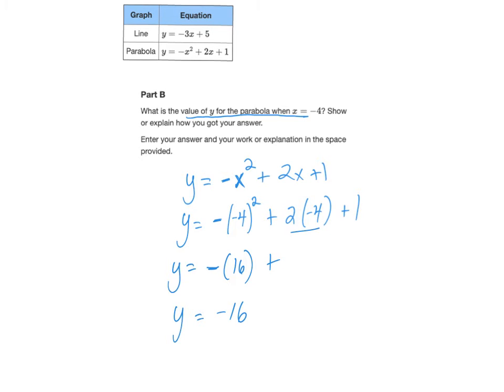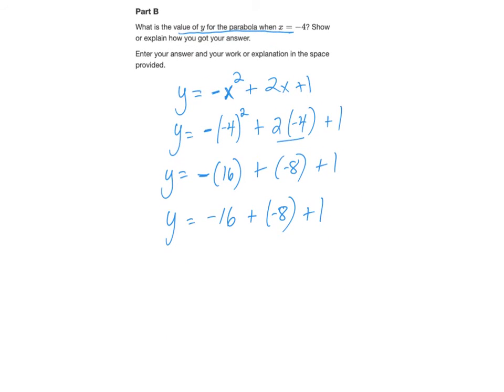Then I can multiply. So after exponents, we're going to multiply. 2 times negative 4 gives me a negative 8. And then I'm going to add 1. Now, if I bring down the negative 8, again, you didn't necessarily have to put parentheses around the negative 8.